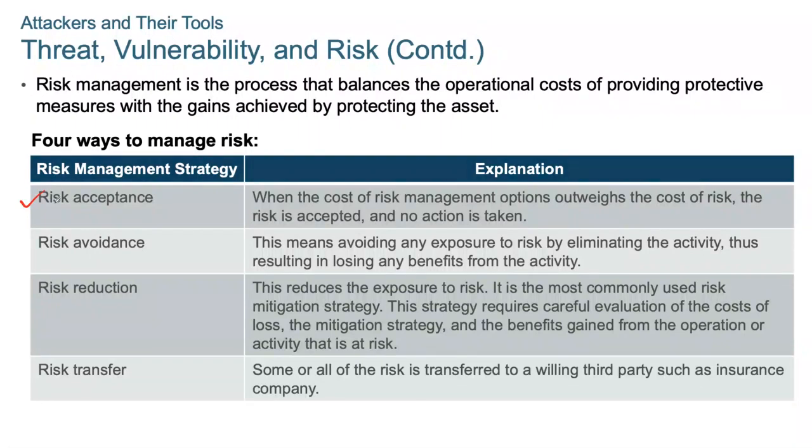Another is risk avoidance, which means avoiding exposure to the risk by eliminating the activities, so that you can avoid some risk to your assets, intellectual properties, or devices in the network. Another is risk reduction.